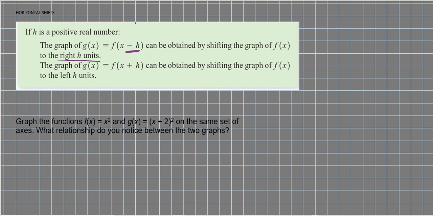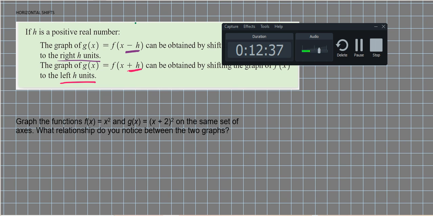You go in the opposite direction. So if it says minus, you go to the right. And if it is positive, you go to the left. This is for your horizontal shifts. Okay, hold on. Let me process that real quick. Write it down.